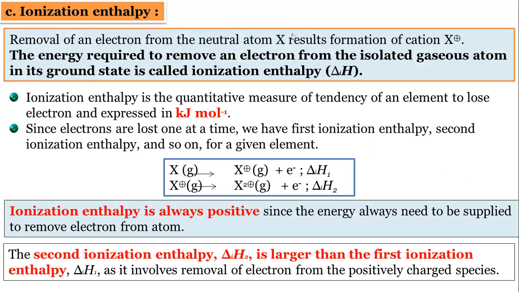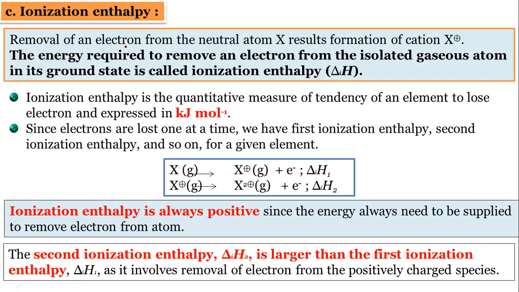This is ionization enthalpy. Ionization enthalpy is also called ionization energy, remember. Enthalpy and energy are similar words, so don't get confused if the word energy is used instead of enthalpy. So what is ionization enthalpy? Ionization means to form ions.